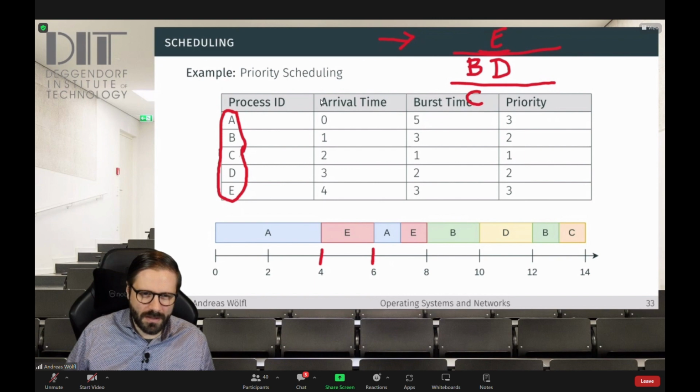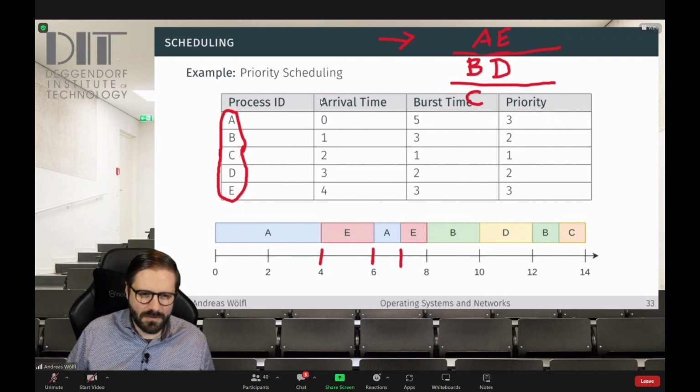So we have EA during the time between 4 and 6. At time 6, we do round robin again. So from EA, we go to AE, right?